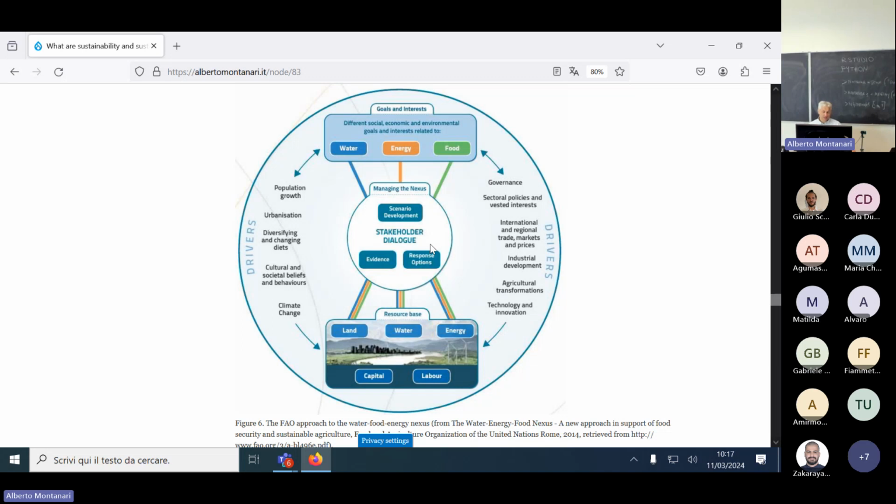On the other hand, the dialogue with stakeholders is also a nice story. It's very nice to say we need to talk with stakeholders, we need transparency, which is indeed a nice narrative. On the other hand, the dialogue with stakeholders is extremely difficult because stakeholders have different views. And therefore, one of the most important roles for a policymaker and for engineers and scientists today is communication: communication with stakeholders and the ability to reach a compromise.